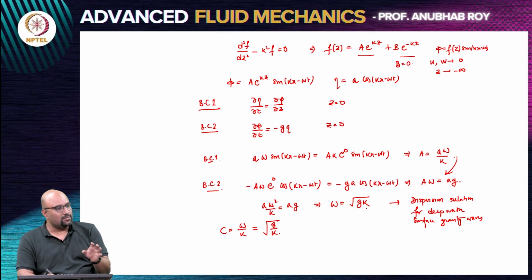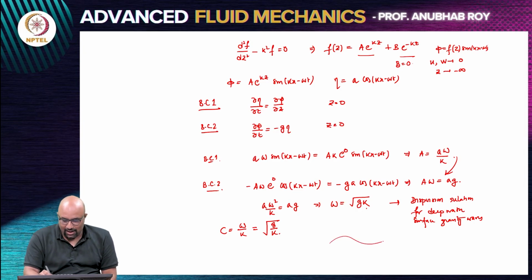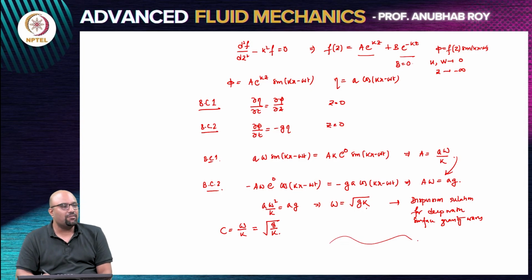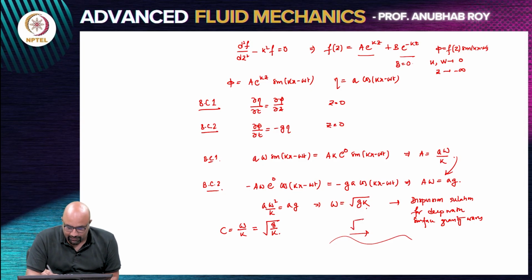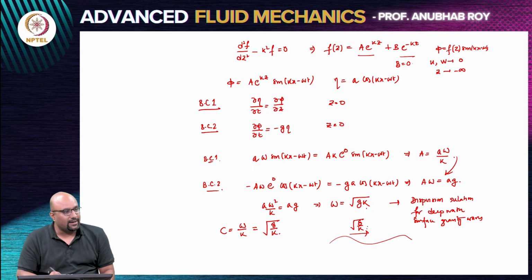So with this exercise, based on whatever you have learned in class, you have learned kinematic boundary condition, dynamic boundary condition, potential flow theory, unsteady Bernoulli's equation. We are able to say that when you have an air-water interface or a free surface and you use the assumptions that we have made, inviscid flow, irrotational, etc., the wave at the interface, if it has a wavelength lambda, then the corresponding wave number is k, which is 2 pi by lambda, and the waves are going to propagate with a speed that is square root g by k.